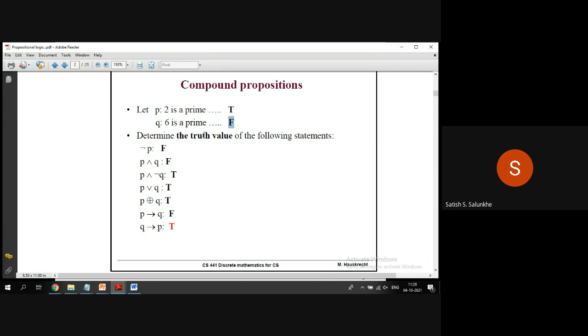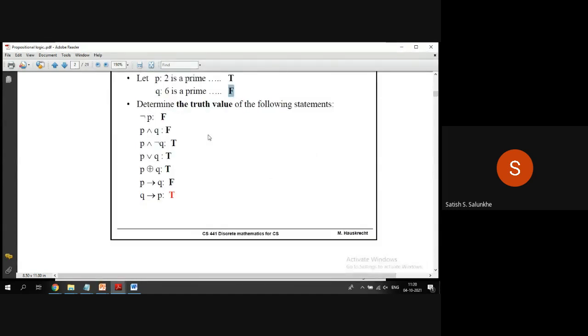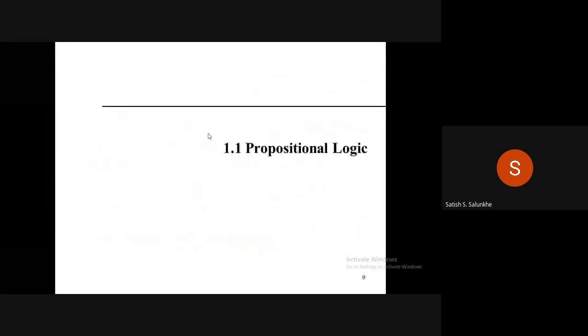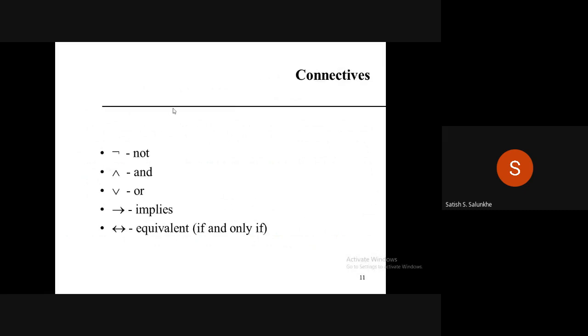Now, what are the various operations that you can have? I will discuss them here. These are the possible connectives that you can have in your propositional logic. Propositional logic means you are converting propositional statements into logic, and you need to evaluate those statements using rules of inference.